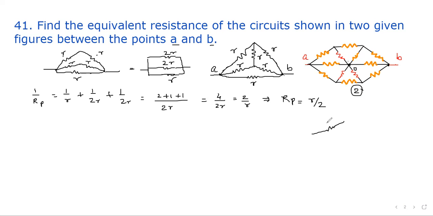This would be R and this is R. Here this is R, this is R, and we write it up. Similarly, this point is O, the same point we write here. This is R, this is R.